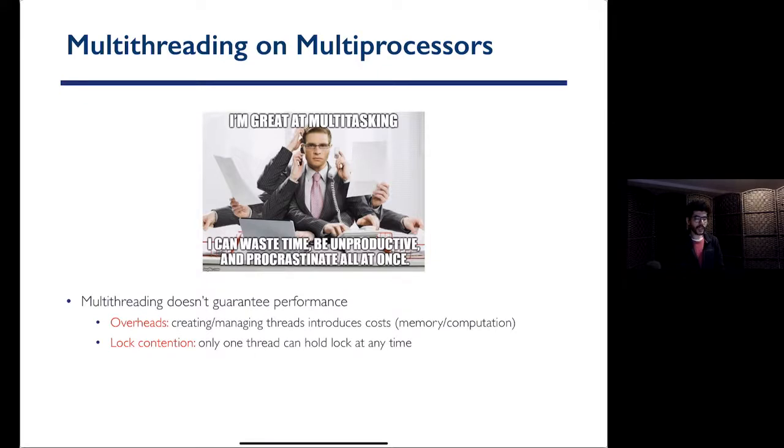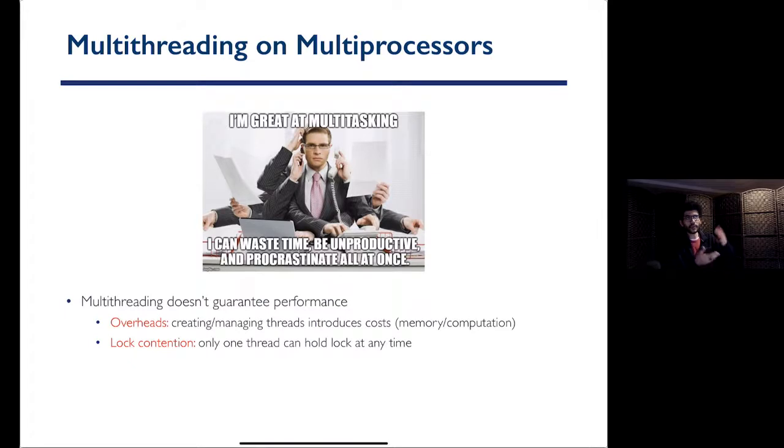The other thing that could impact the performance of a multi-threaded application, other than the overheads, is lock contention. If you have a lot of critical sections and only one thread can execute the critical section, and you have thousands of threads, then you might not actually get a lot out of it, because although you have 1,000 threads, only one of them at any given time can execute the critical section.